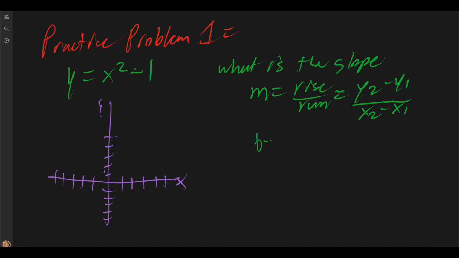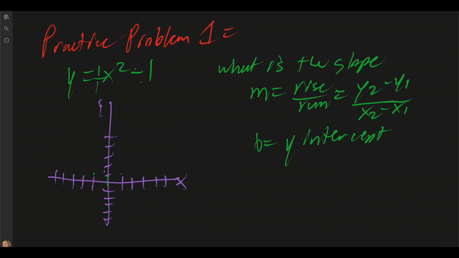And then b is typically our y-intercept. We can take parts from our linear equation and apply it here, but in this case we have x squared minus 1. So if we were to graph our equation, it looks like our slope is going to be 1 over 1 to start with. Since we're dealing with a quadratic equation, we're going to have two different points in general.